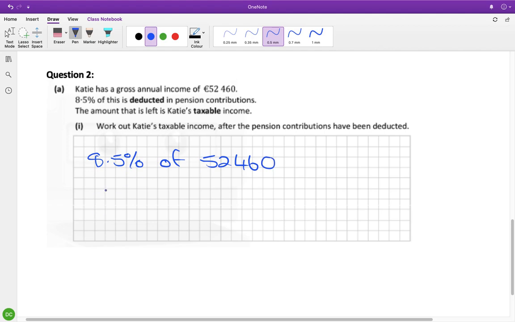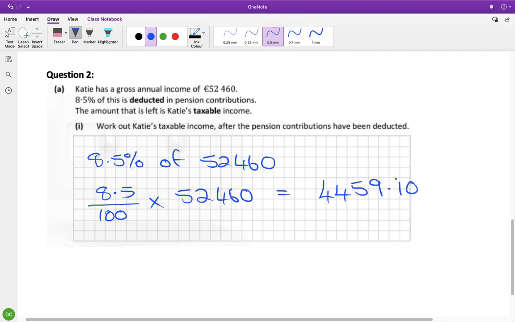There's a few ways of getting a percentage. I always do 8.5 over 100 multiplied by 52,460. So 8.5 divided by 100 multiplied by 52,460 is €4,459.10. So that's the pension.